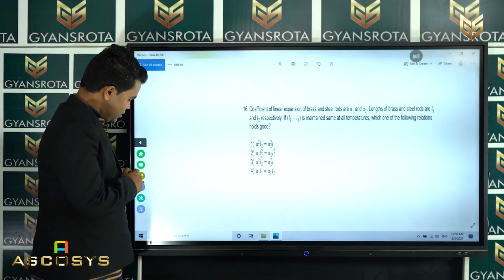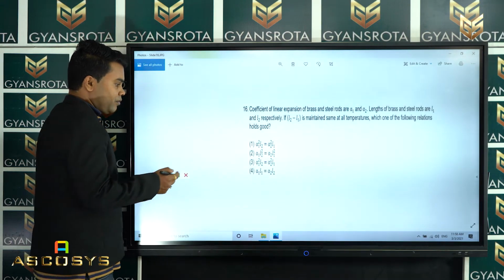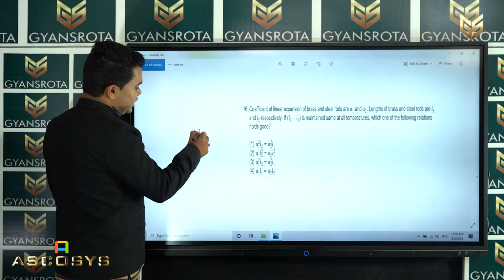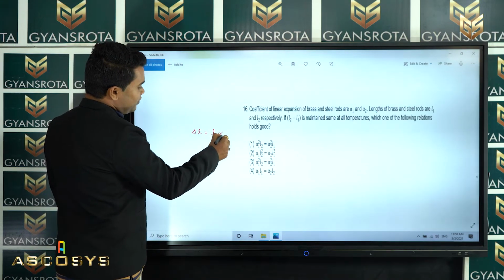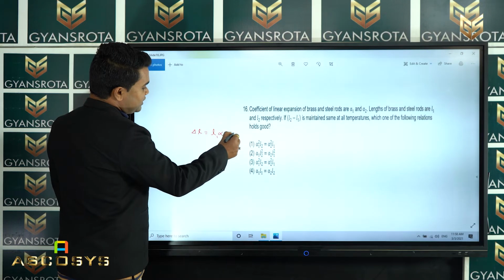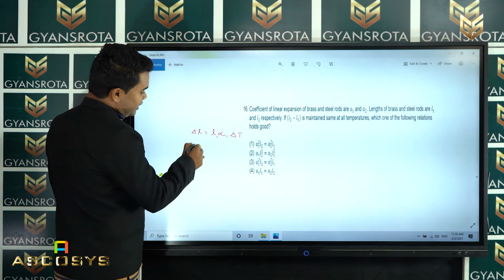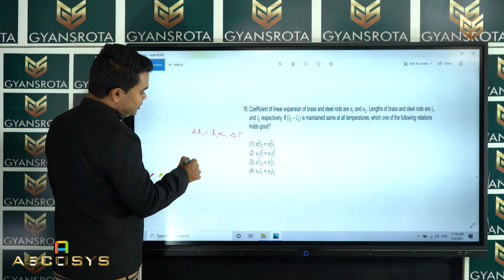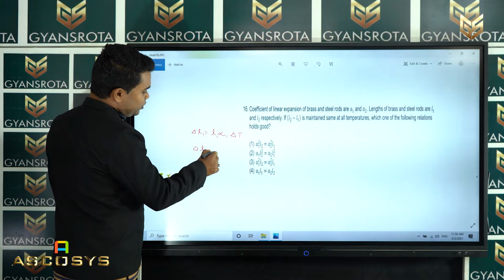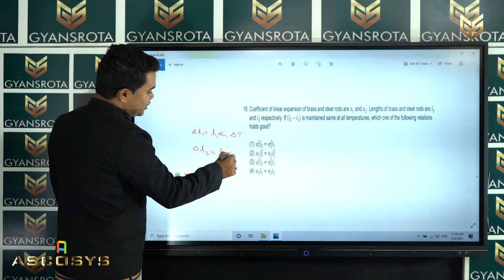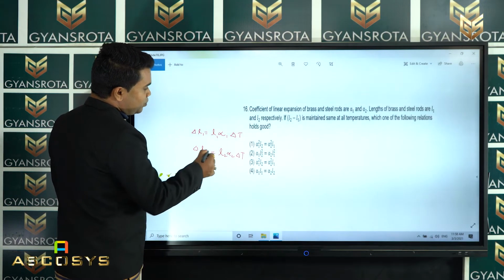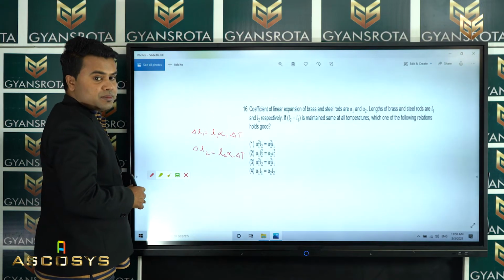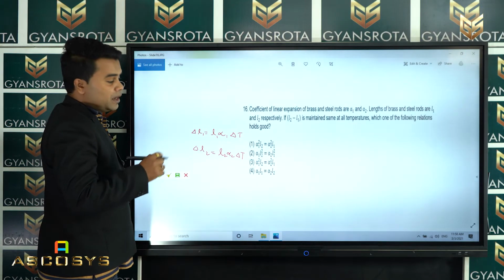So you know that change in length is equal to L alpha delta T. For the length L1, it is L1 alpha 1 delta T. So change in length for L2 will be equal to L2 alpha 2 delta T. So both hold good, it's the same, it's maintained at the same temperature.